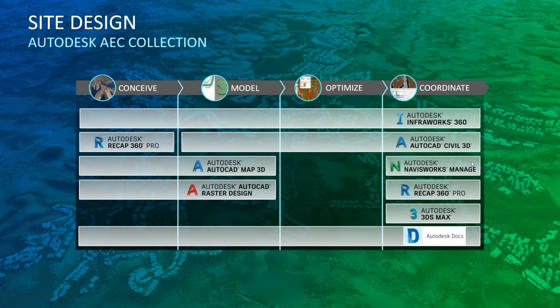And then ReCap 360, still there. Now we can do surveys, scannings, drone flights while the construction's going, after post-construction, and see real-time point cloud changes day to day, and see those clouds overlay the model in InfraWorks 360.